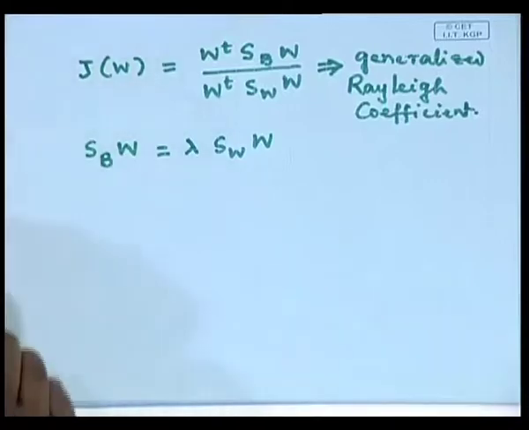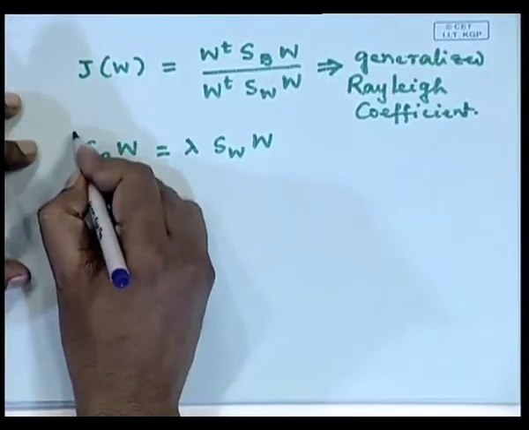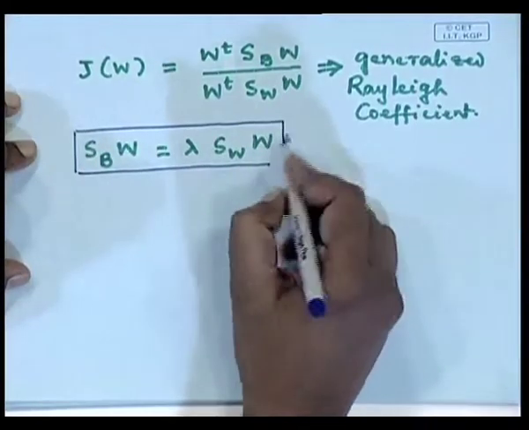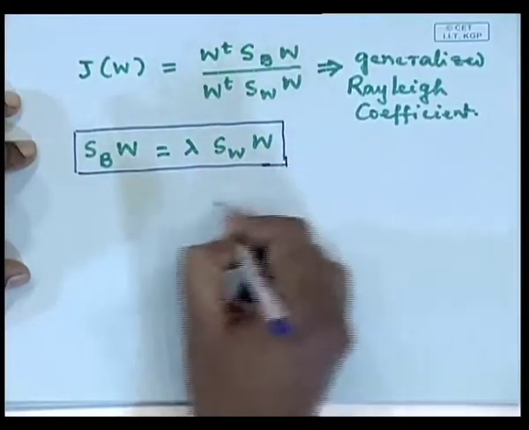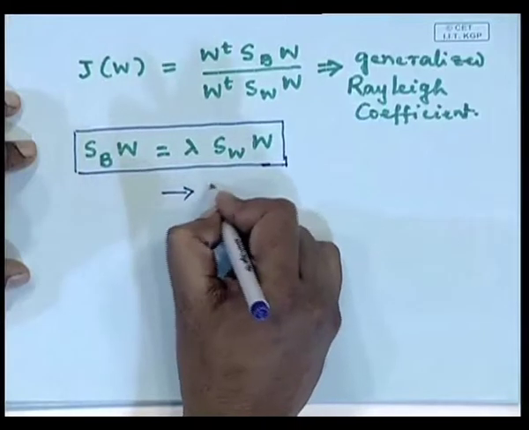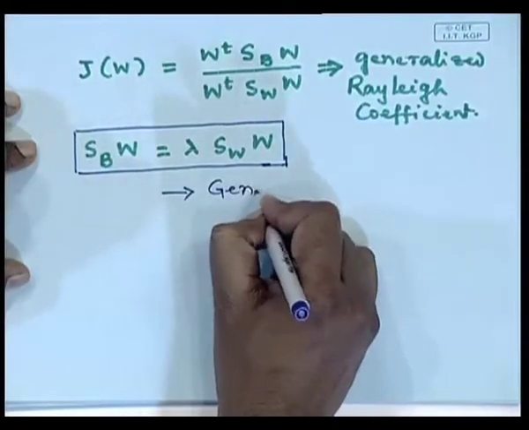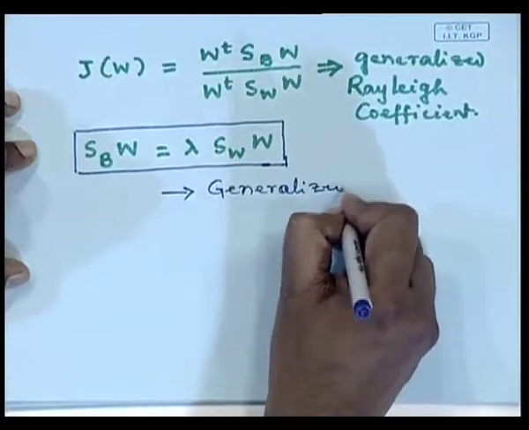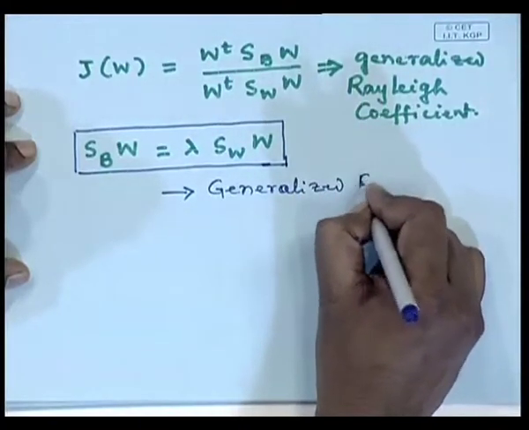And this expression, S B W is equal to lambda S W W, is nothing but a generalized eigenvalue problem.